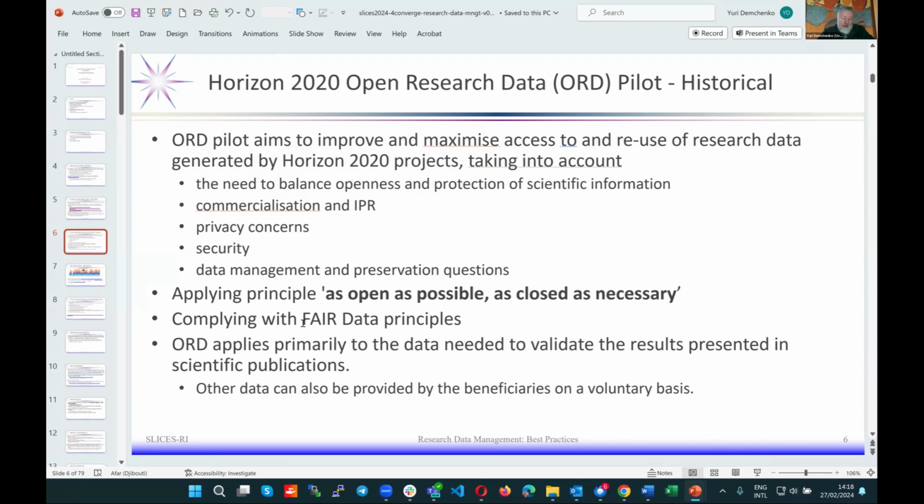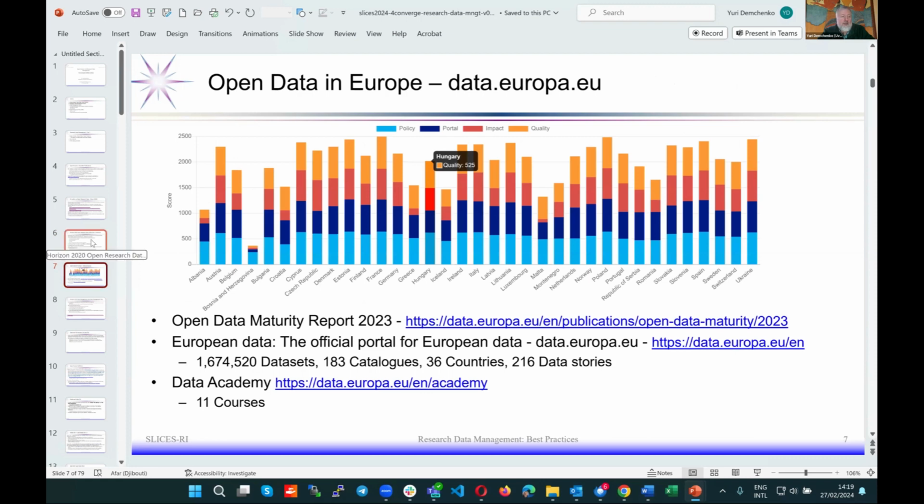In the next slides, I will show what the FAIR data principles mean. I will also ask you in Mentimeter what you know about the FAIR data principles, and also refer to a couple of publications and even persons who were at the foundation of the FAIR data principles.